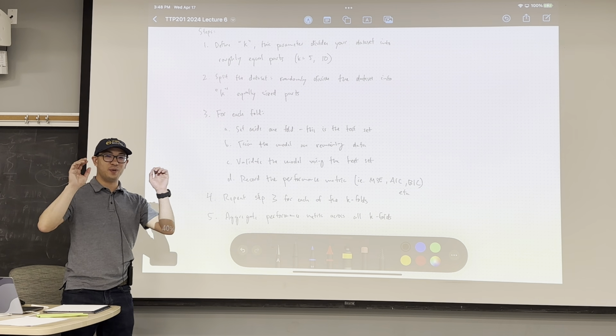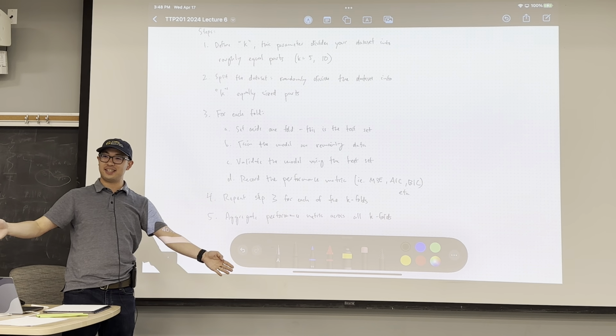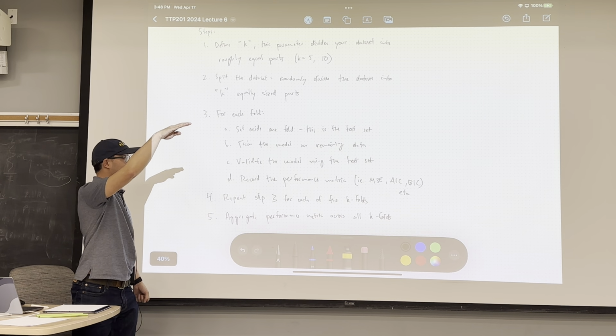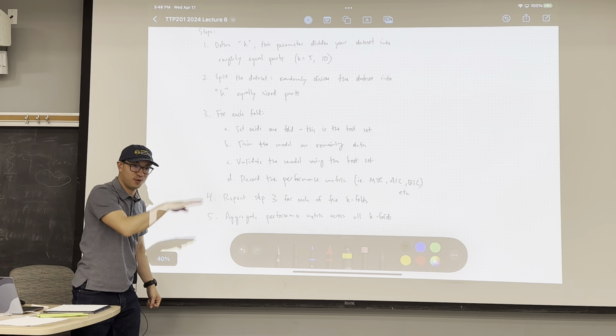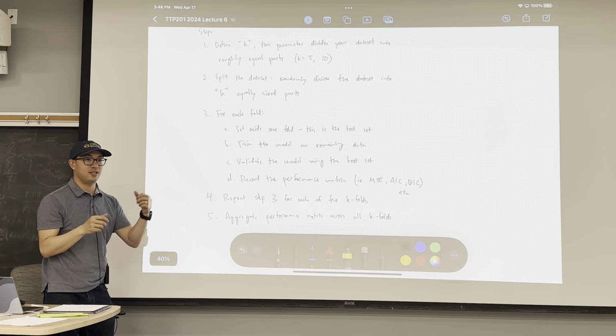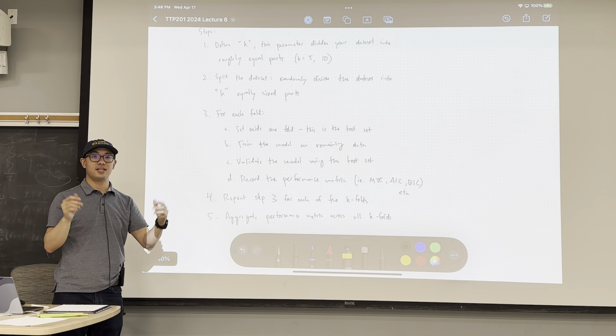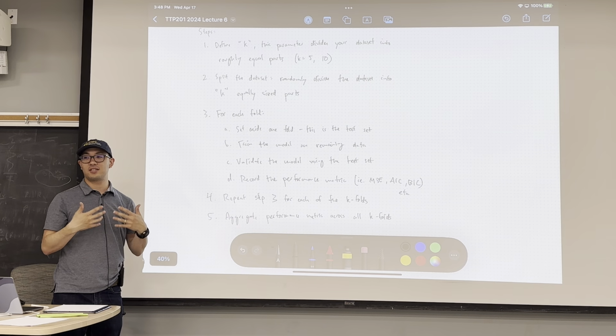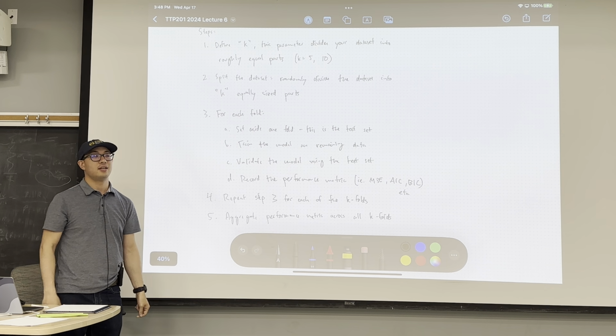Alright, so let's suppose you've got a big data set. You've got many columns of data, many rows of data. What you're doing here is you take that data set, and let's give an example of a 5-fold.